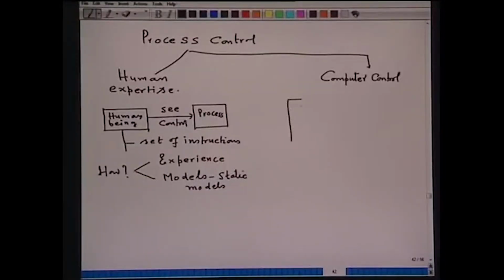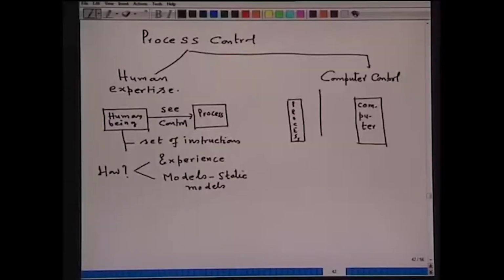So, for computer control, what is required? We have a process over here that is to be controlled, and here we have a computer. The man is sitting in an air conditioned room or whatever.